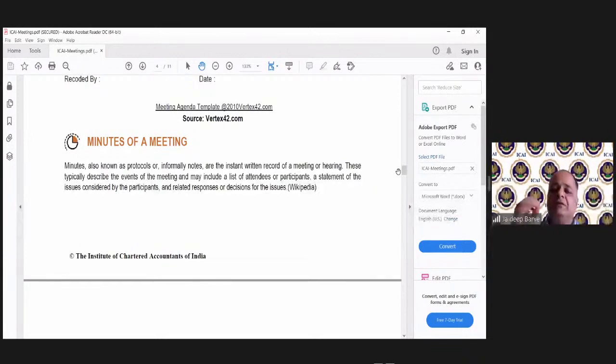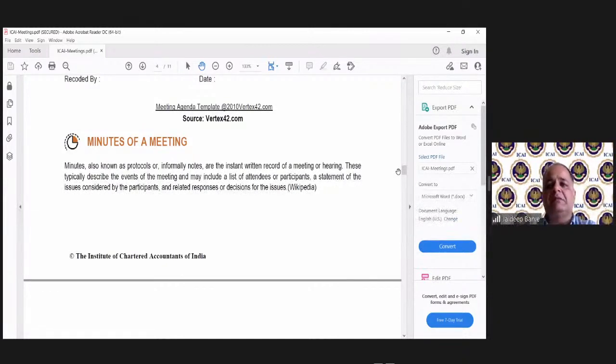Now, this definition is from Wikipedia. By and large, we know that minutes is the actual written record of whatever has transpired during the course of that particular meeting.